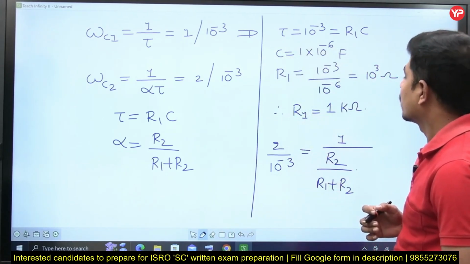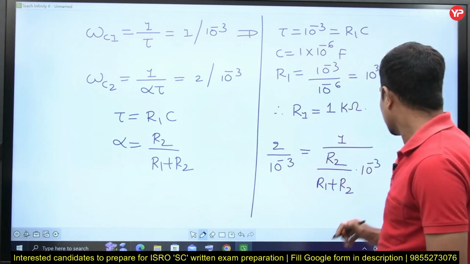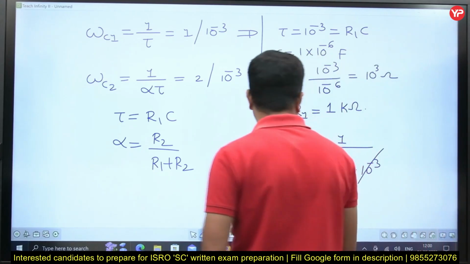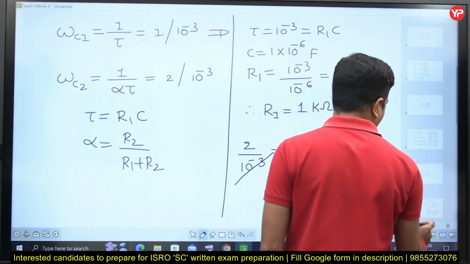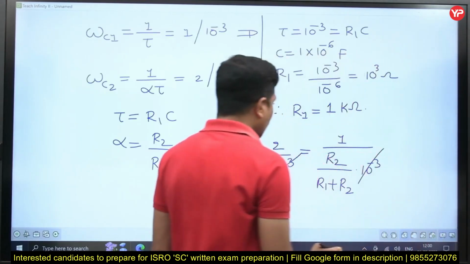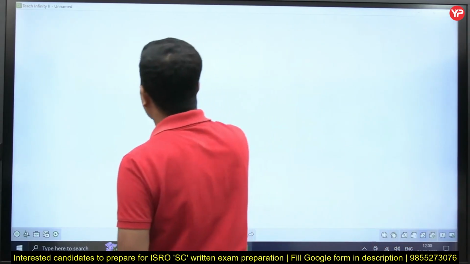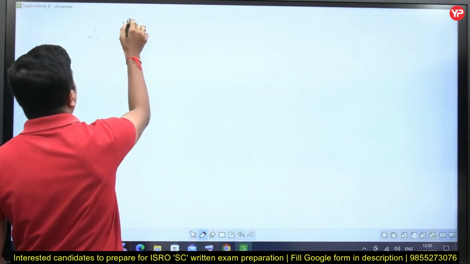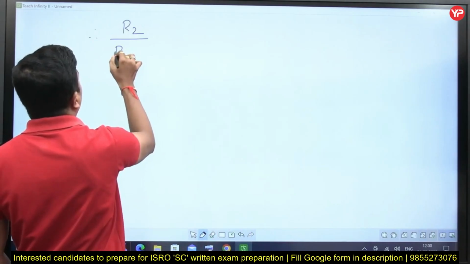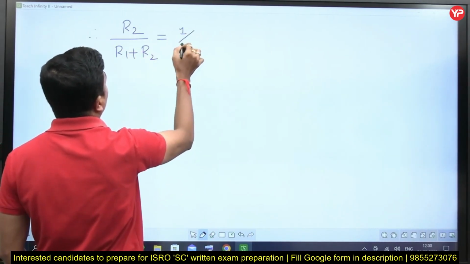Tau is 10 to the power of minus 3. This 10 to the power of minus 3 and that 10 to the power of minus 3 are gone. Now, what are we going to have? 2 is equal to 1 by R2 by R1 plus R2. Therefore, I can write R2 by R1 plus R2 is equal to 1 by 2.